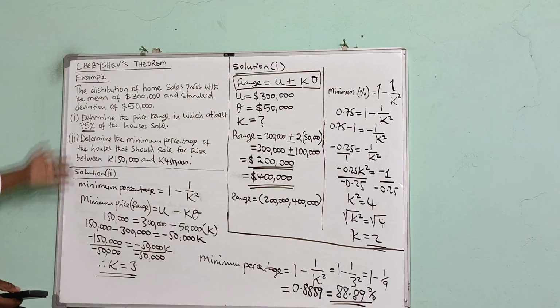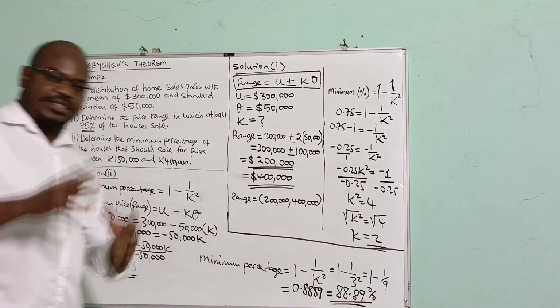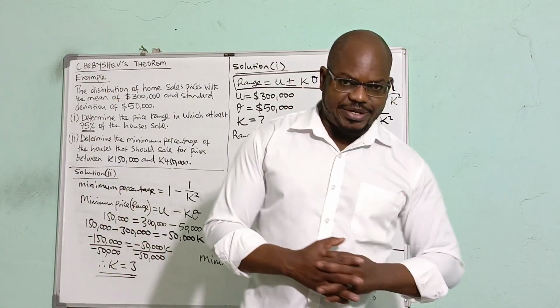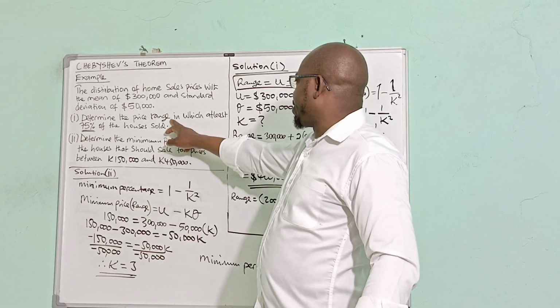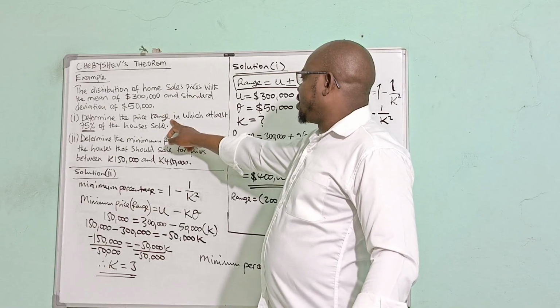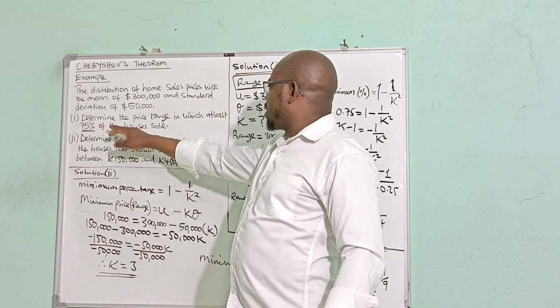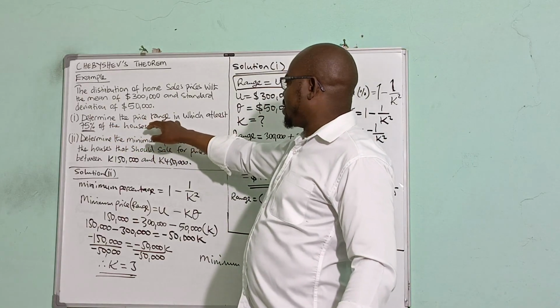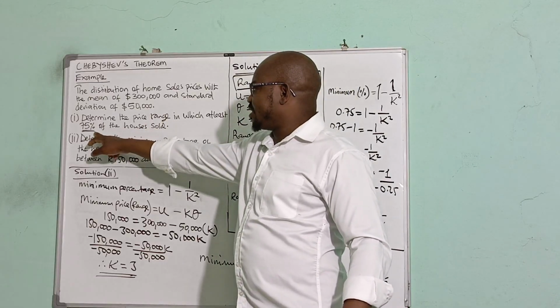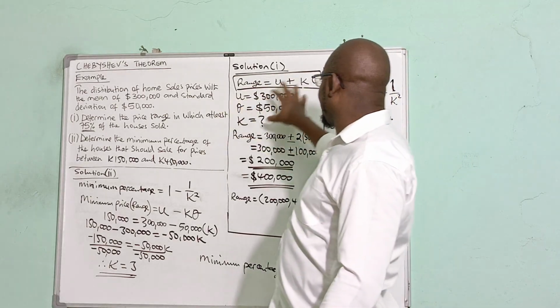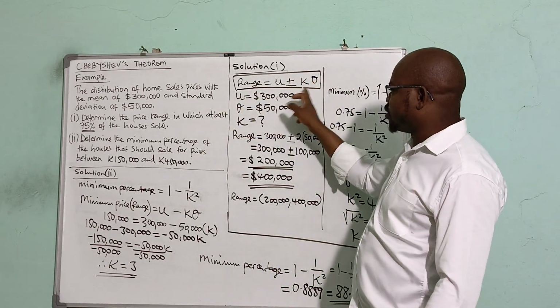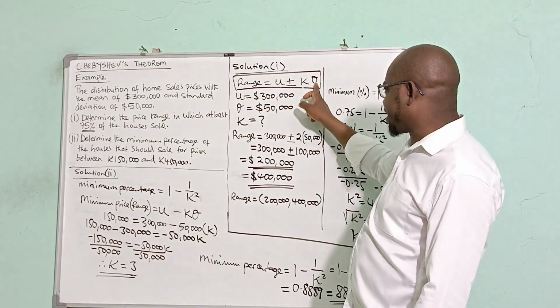Alright? So this is how your question can be tailored in the examination. The examiner will be asking you to determine the range. He hasn't given you the range; what he will give you is the minimum percentage. So you use the formula for minimum percentage to get your K so that you can determine the range, because you already have the mean and the standard deviation.